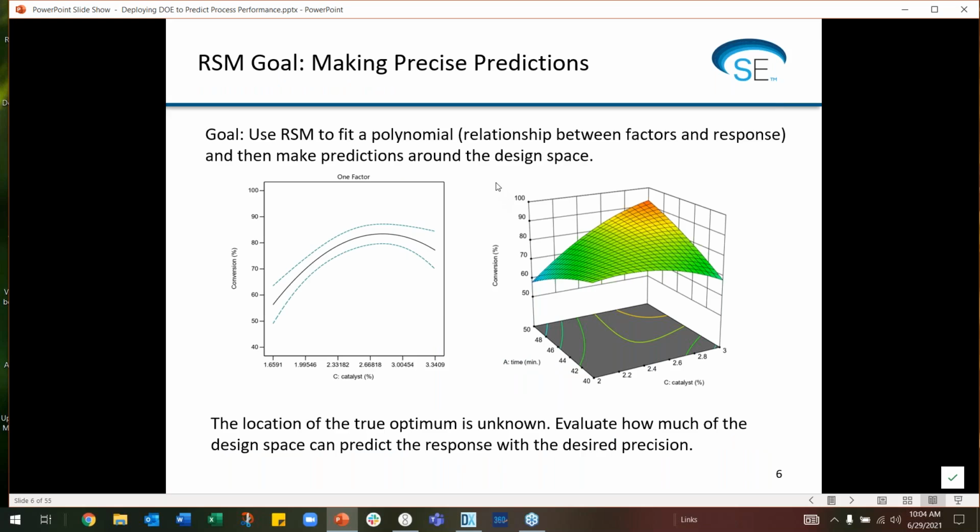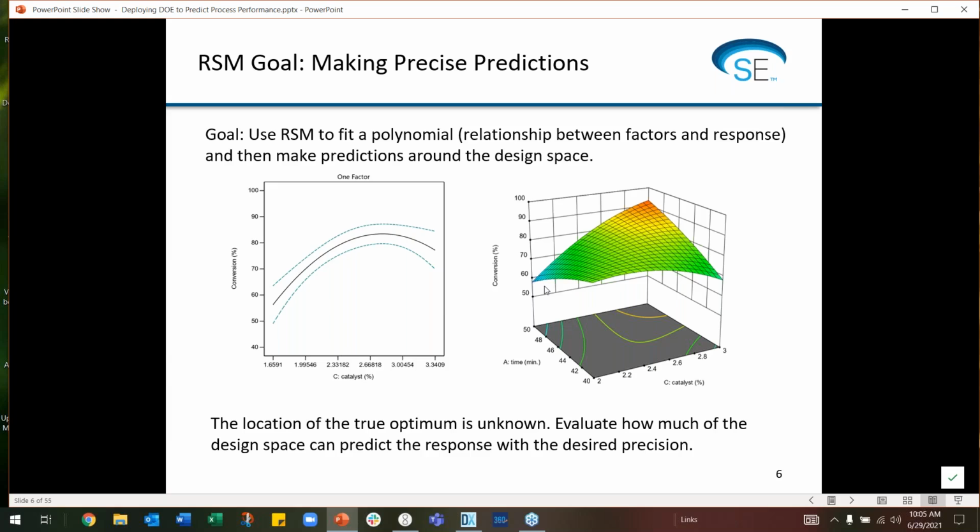So moving into response surfaces, if our goal is to make precise predictions, we are using a response surface to model or fit a polynomial relationship between the factors and the responses. So if we have just one factor, we would get a shape something like this.